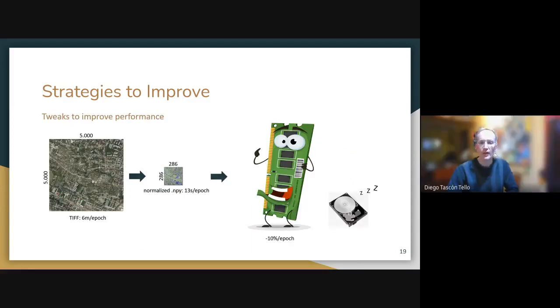One of the issues we had at the beginning was performance, because the model resizes any input image and any input mask into 286. And since the original images were 5,000 by 5,000, in every epoch and every iteration, all this resizing plus some transforms were executed, and this slowed down the training.